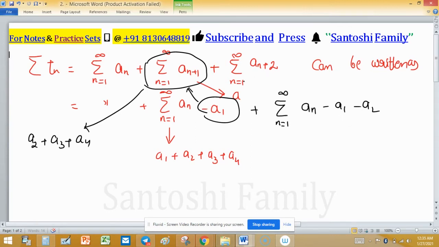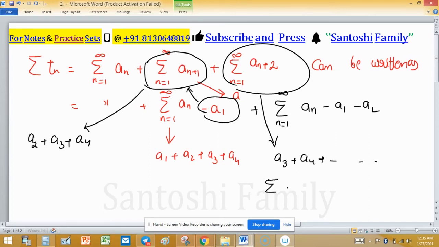Similarly, I made this one because this will give you a3 plus a4 and so on. So to write summation an, you need to add a1 and a2, so we need to subtract a1 and a2. Whichever quantity I added, I need to subtract.